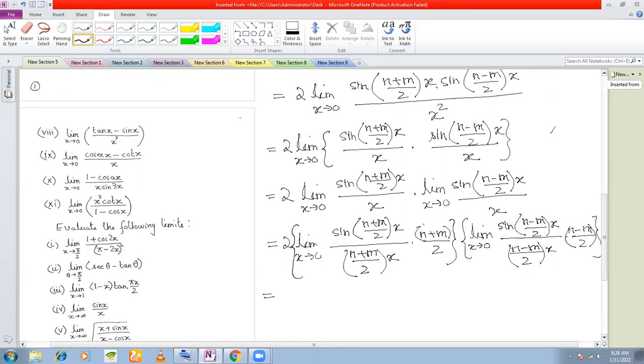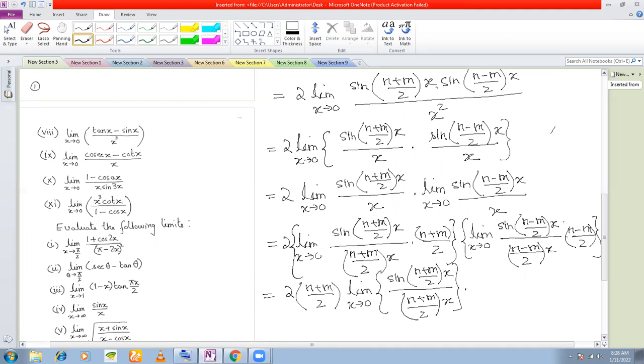Now what happens? This n plus m by 2 I can take out of the limit because it is a constant. What am I left with? Right?